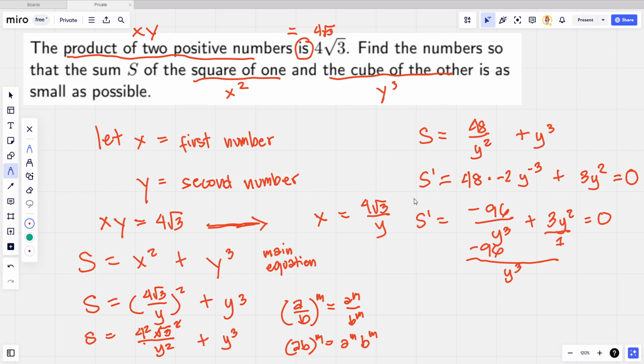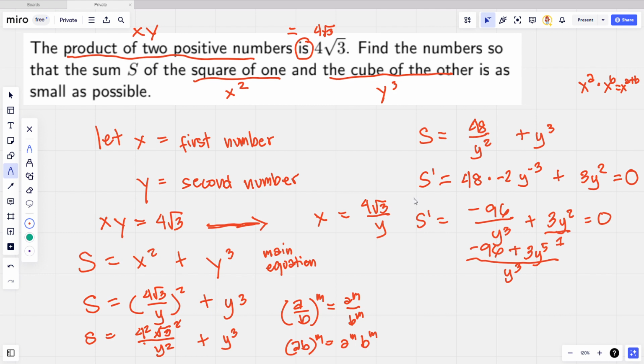So we have y cubed divided by 1, that's just y cubed, times 3y squared, we would get 3y to the fifth. Because remember, x to the a times x to the b is x to the a plus b. So y cubed times y squared is y to the 3 plus 2, so y to the fifth.